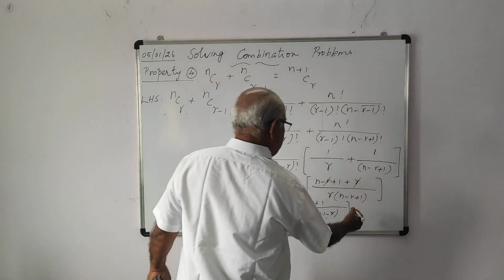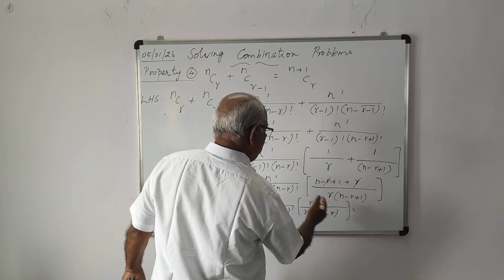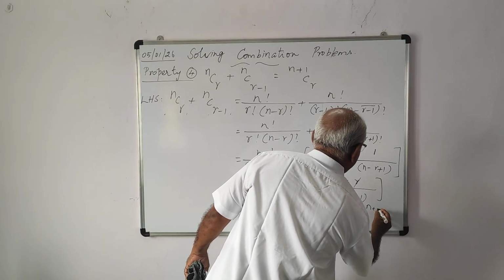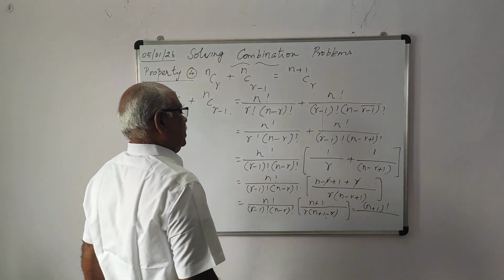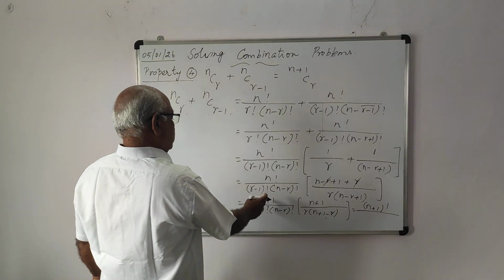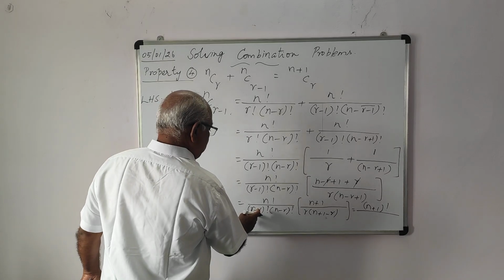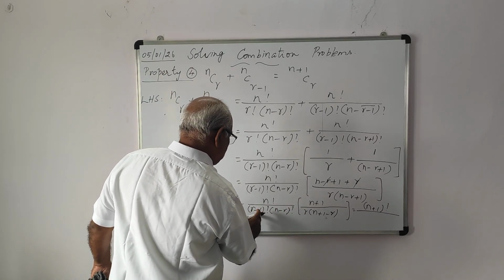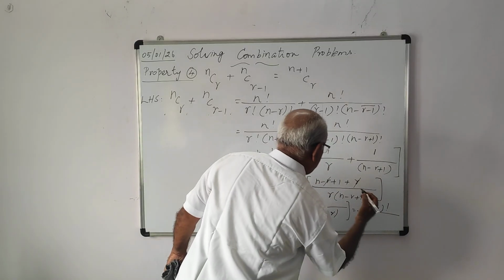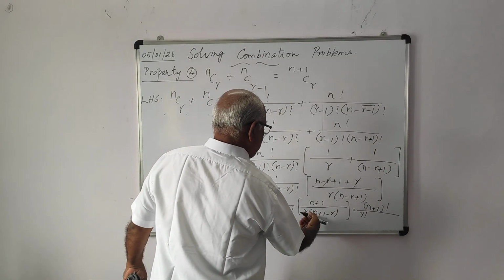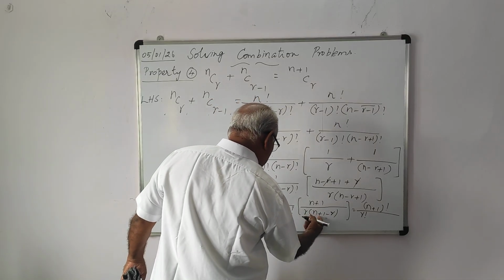So you can see, in the numerator, n factorial into n plus 1 is n plus 1 factorial. In the denominator, r minus 1 factorial into r is r factorial. n minus r factorial into n plus 1 minus r is n plus 1 minus r factorial.